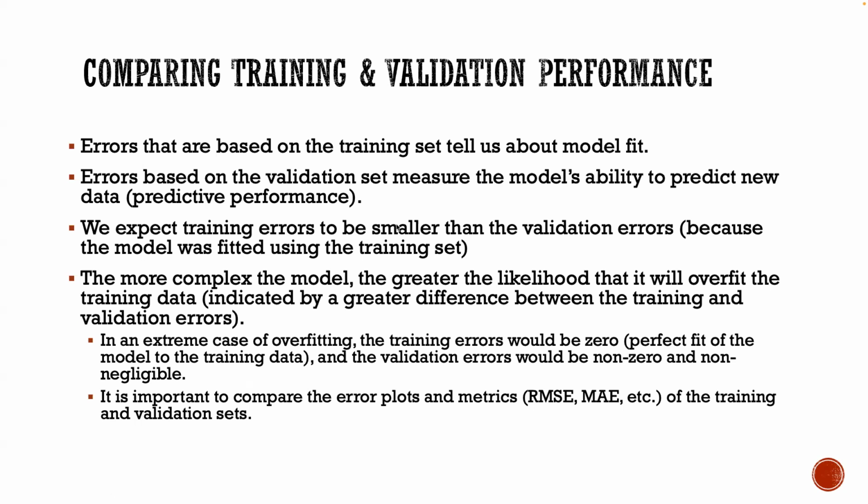Whereas errors based on the validation set tell us whether the model is able to predict new data, how well its predictive performance is. So that's really more important, and that's something which we try to focus on.